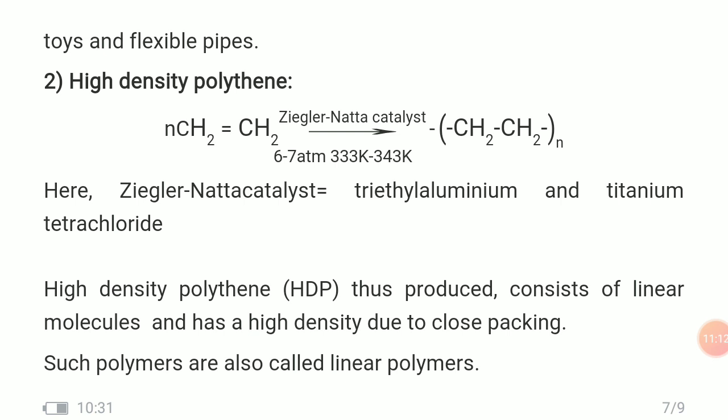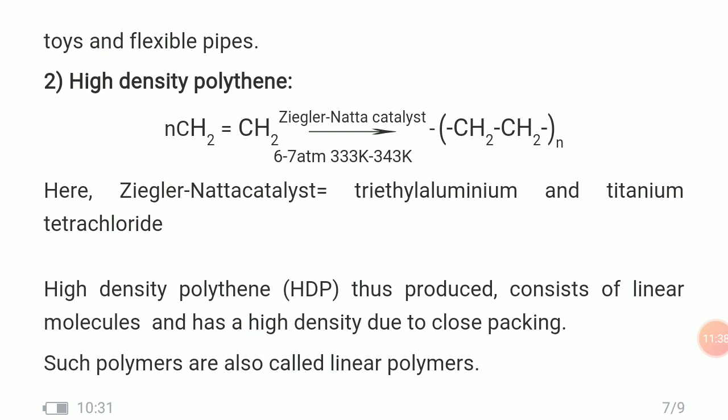High density polythene consists of linear molecules and has high density due to close packing. This means it has a very close packed structure, which is why this polythene has a high density.